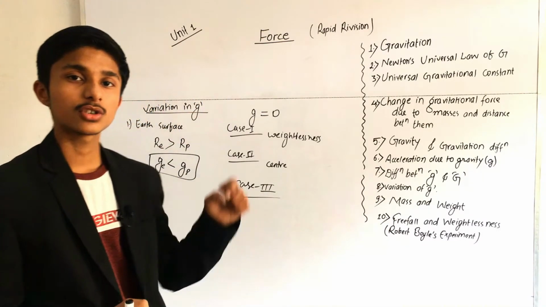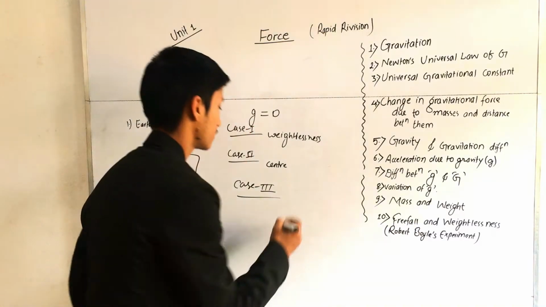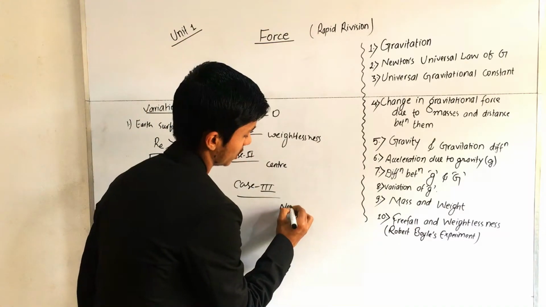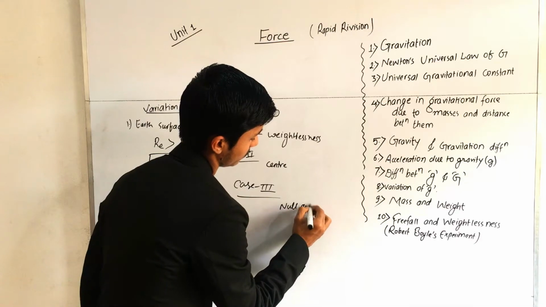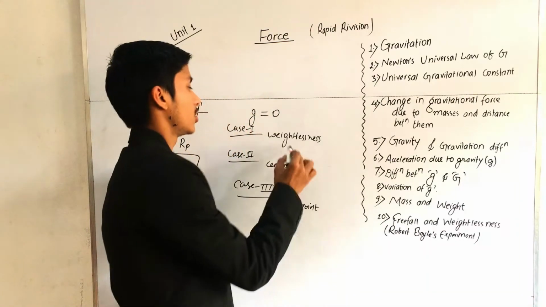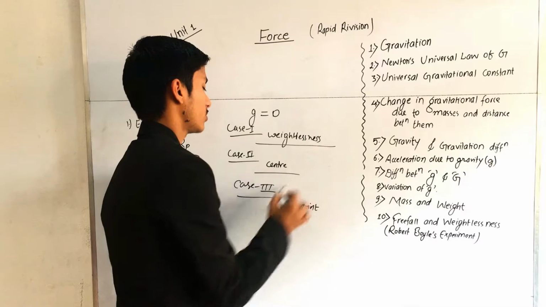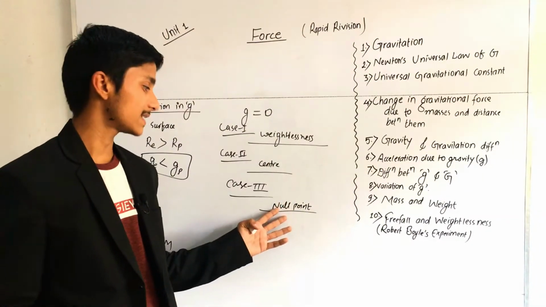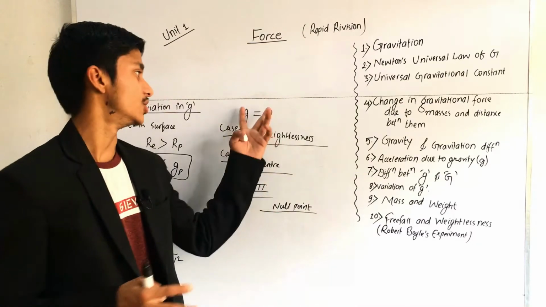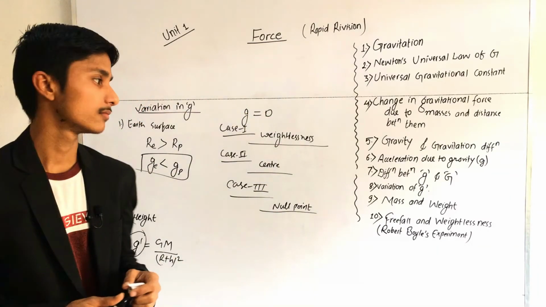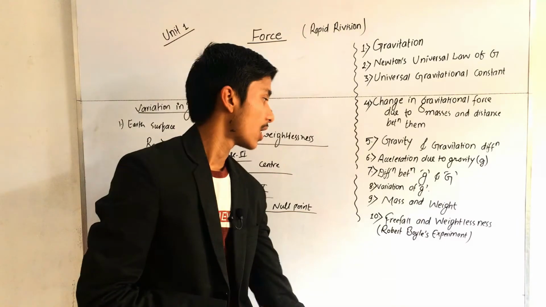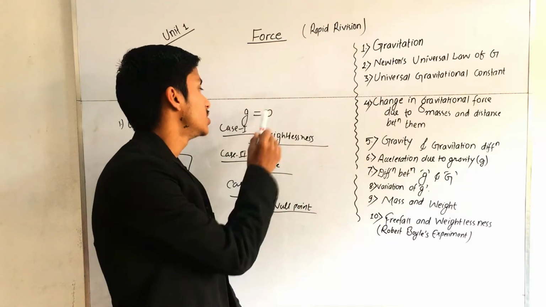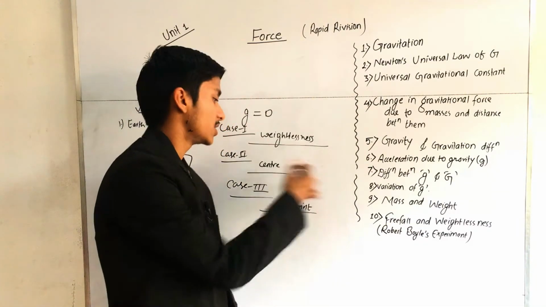Null point means somewhere in space. Null point. You need to know about these. In these all conditions, the value of acceleration due to gravity is 0. Therefore, we write here g is equal to 0 in these cases.